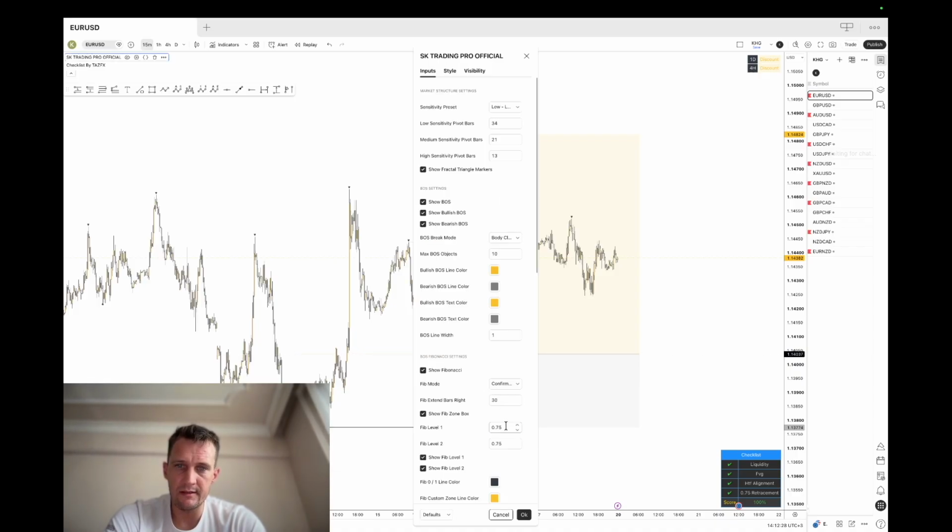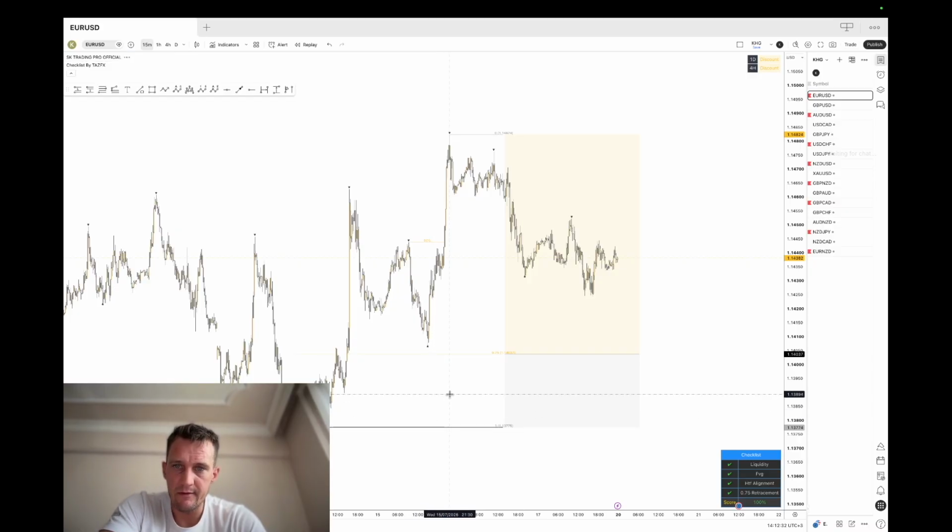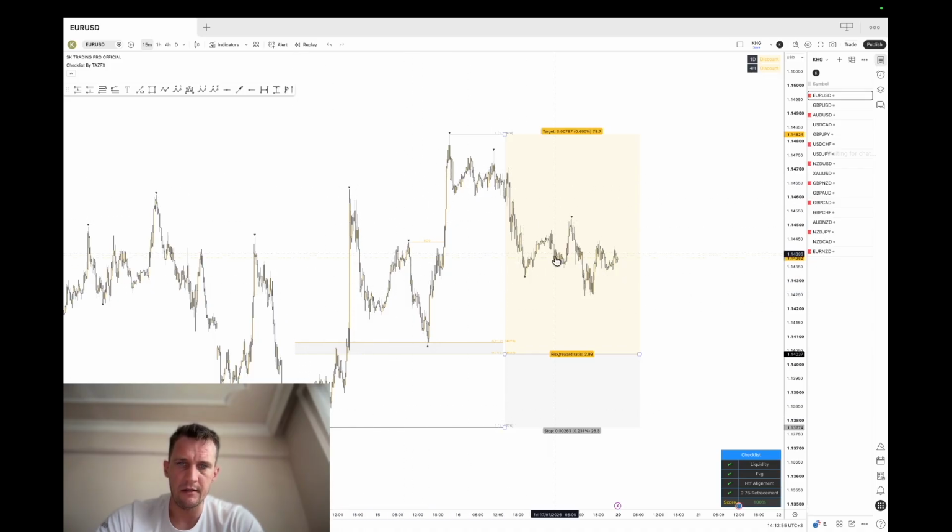So you want the fair value gaps to be in between this, right? And then you have the higher time frame alignment as well. So the 4 hour aligned with the 15-minute. The fair value gaps here, liquidity's here. It sweeps out the liquidity before making a higher high again.